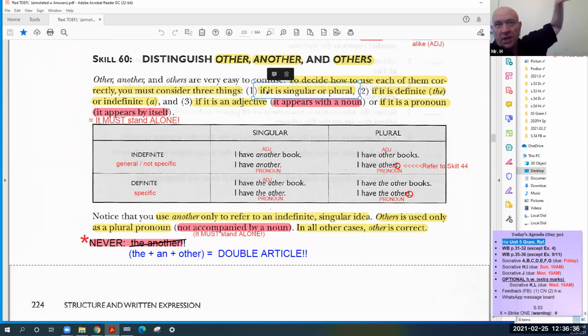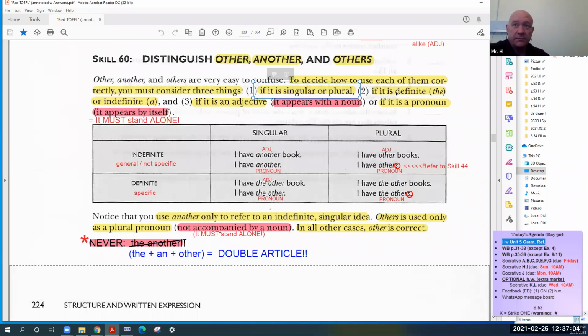So anytime you use these words, you have to think about the noun that we use with it or the object that you refer to. If the noun is singular, or if it's plural, singular or plural. Okay. That's the first thing.